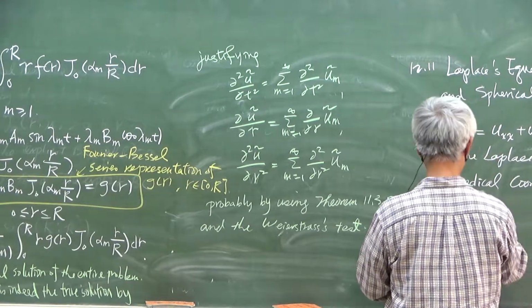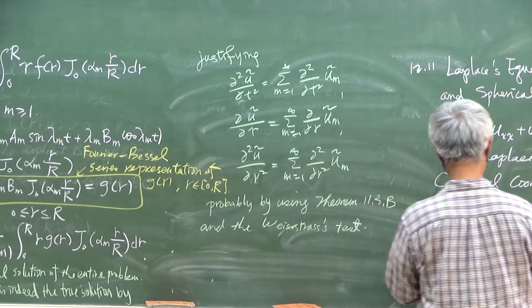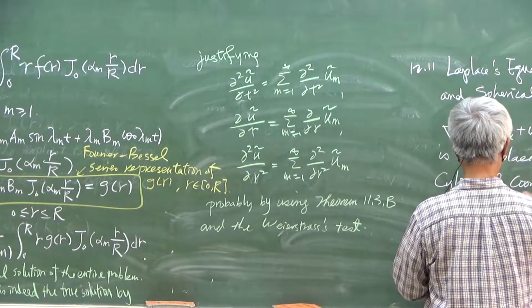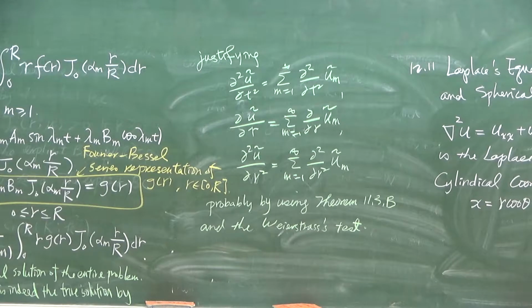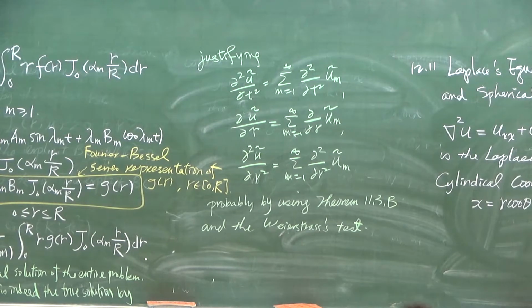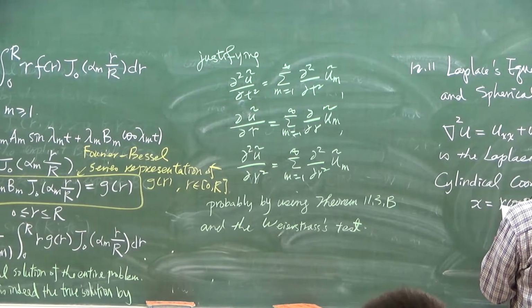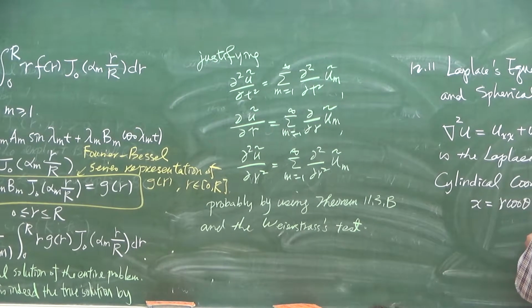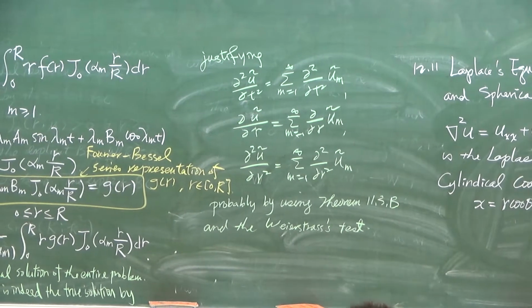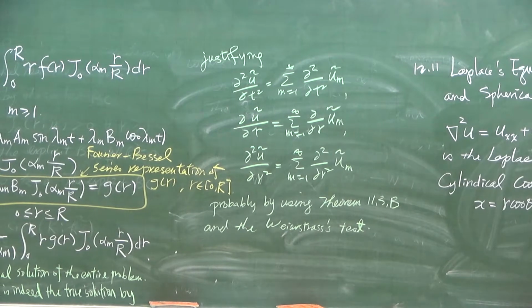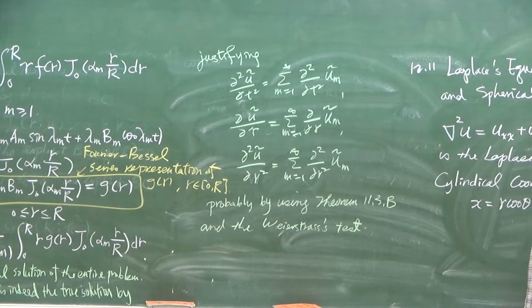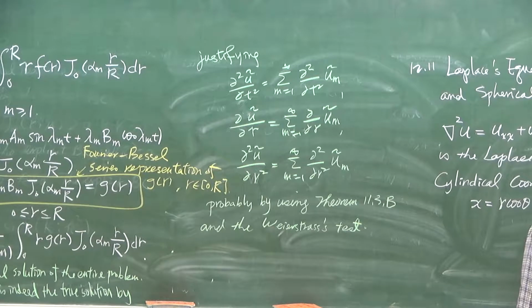In cylindrical coordinates, we know the transform is pretty much like the polar coordinates, right? So we know this is, and z is equal to z, right? So we just do a coordinate transform.